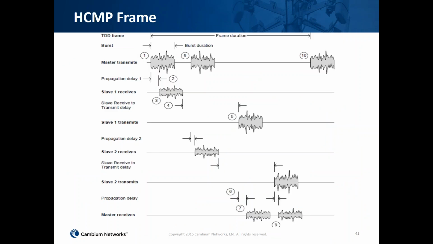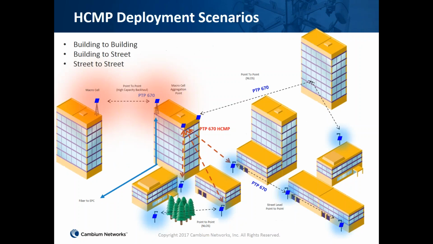Okay, we did have one other question. If you want to go back to that scenario slide. Oh, thank you, this is an interesting one. This customer is asking, can you use a PTP 450 with a PTP 670 to do an HCMP scenario? That's a good question. Unfortunately, you cannot, because of the architecture and the software of the 670, you cannot use a 450 as an endpoint to connect to a 670.